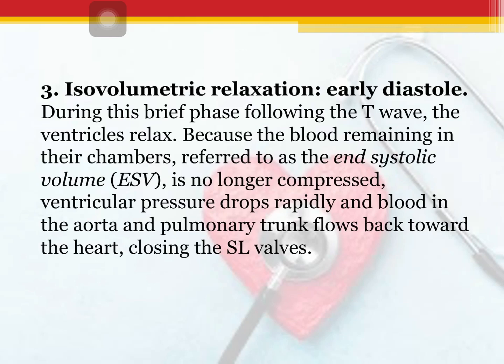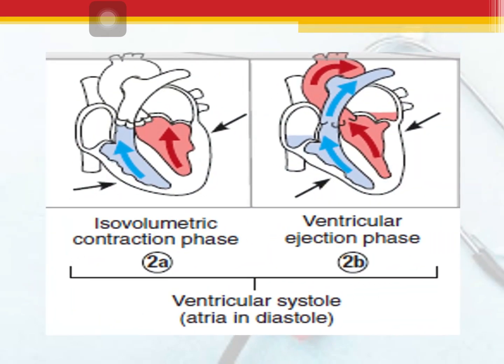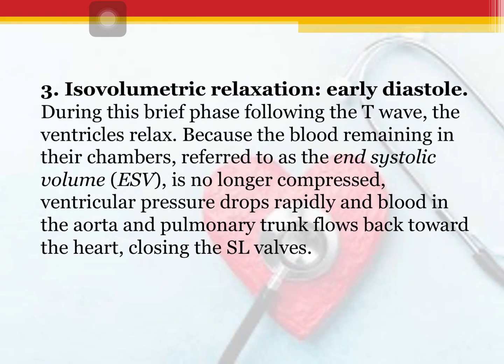So isovolumetric relaxation is in early diastole. During this brief phase following the T wave, the ventricles relax, and the blood remaining in their chamber is referred to as end systolic volume. So although the ventricles contract, there is still remaining blood after contraction.